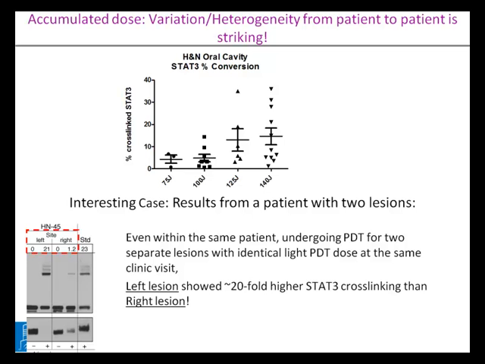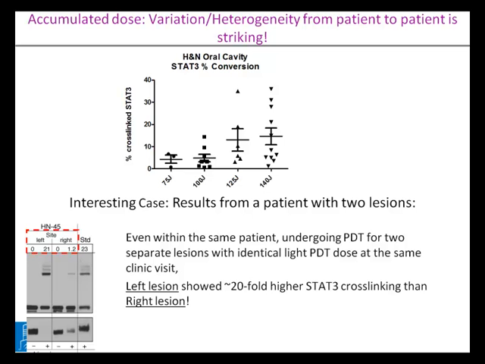But I want to point out one simple case of one patient who had 2 lesions. One lesion was on the left, very close to the tooth base. It was very accessible, so you don't have a miss of the PDT light treatment. The other one was on the right, again a very accessible spot, but not in the tooth region.